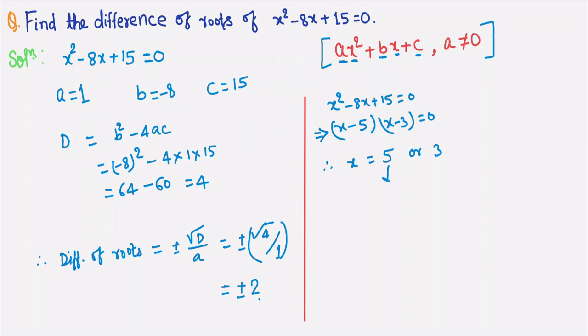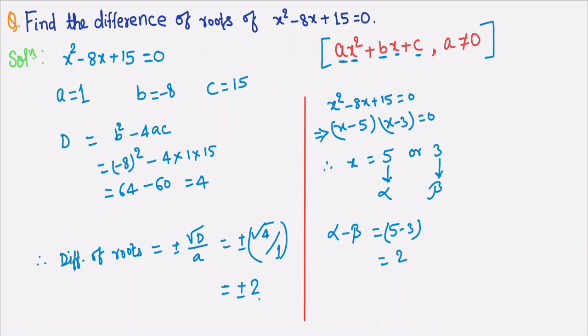Let's assume this 5 is alpha and 3 is beta. So alpha and beta are roots, which is known to you. If you take the difference alpha minus beta, this time you will get 5 minus 3 is equal to 2.